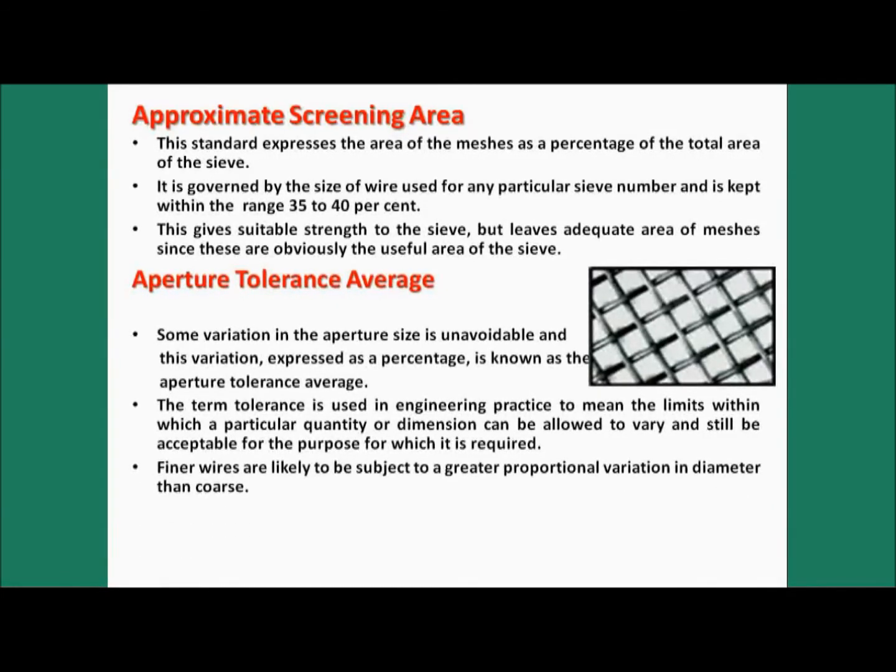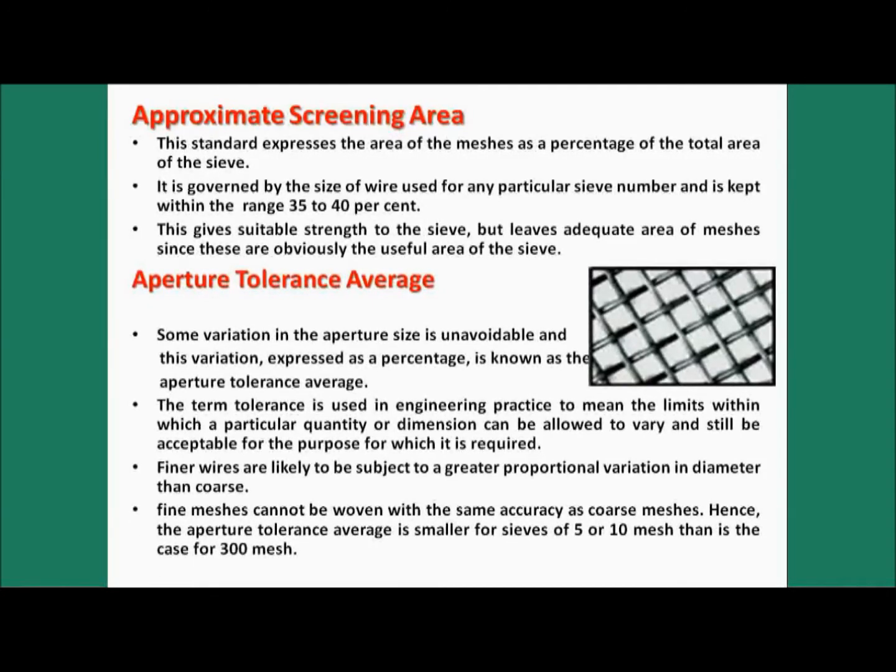Finer wires are likely to be subjected to a greater proportional variation in diameter than coarser ones. So if we are using a sieve made up of finer wires, then this type of sieve may have greater aperture tolerance as compared to the coarser or bigger diameter sieve. The fine mesh cannot be woven with the same accuracy as the coarse mesh. That's why variation occurs in the fine mesh.